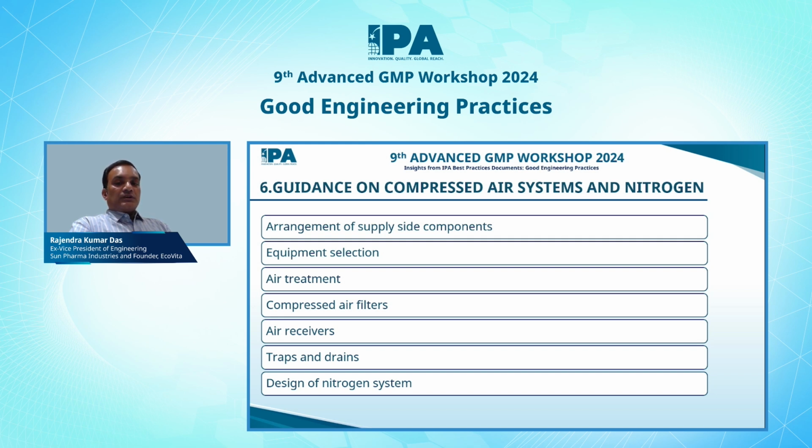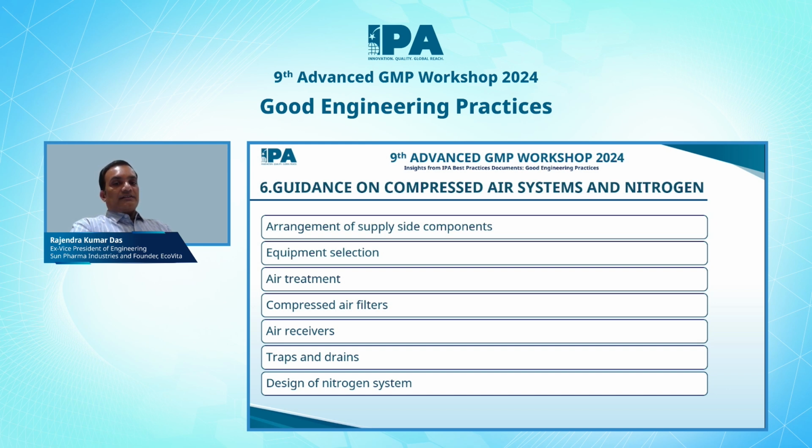As we all know, the moisture content in the compressed air becomes very crucial, and while designing the system, having an appropriate system to address the moisture in the compressed air is crucial. So all these, and the filtration of the compressed air.